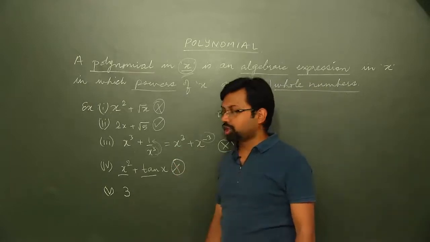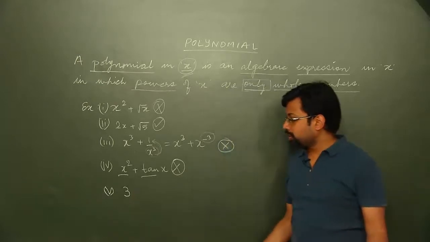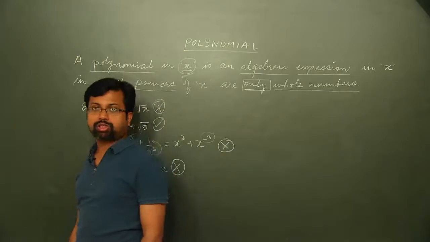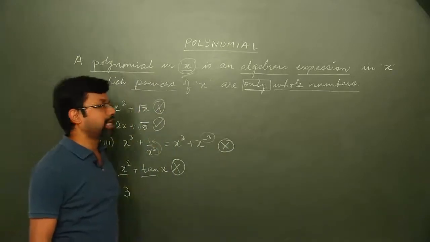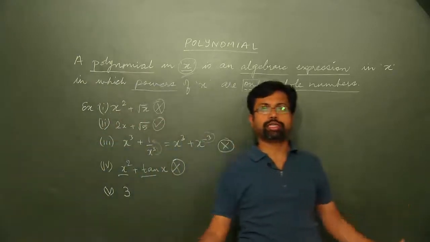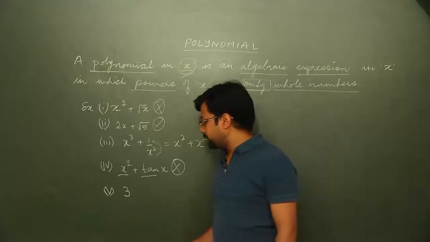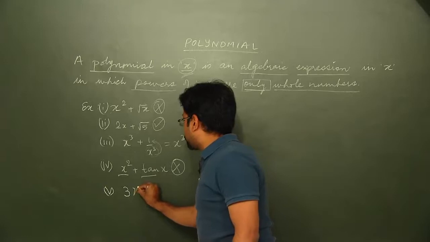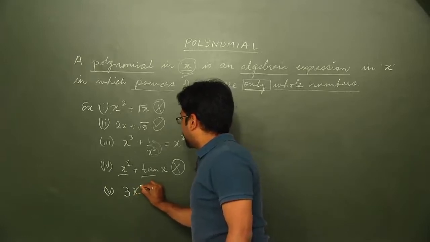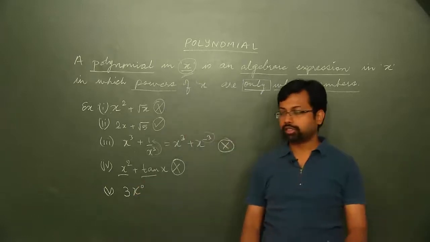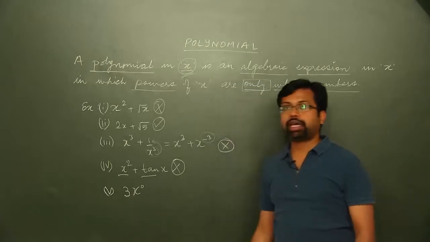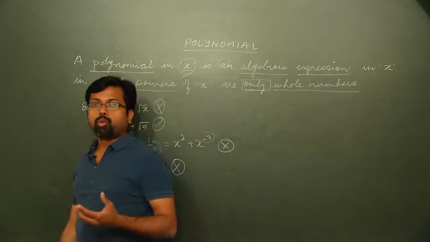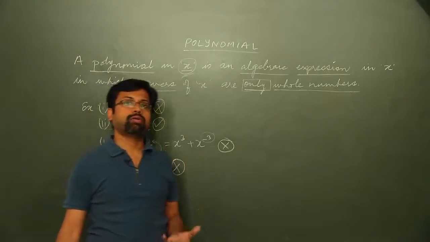What about the number 3? 3 does not involve any power of x. Does it have any x? You might be tempted to say that this is not an algebraic expression in x because there is no x here. But what if I say that 3 can be written as 3 into x to the power 0? You must have learnt in the last chapter that a to the power 0 would always be 1. Any number raised to the power 0 would be 1.